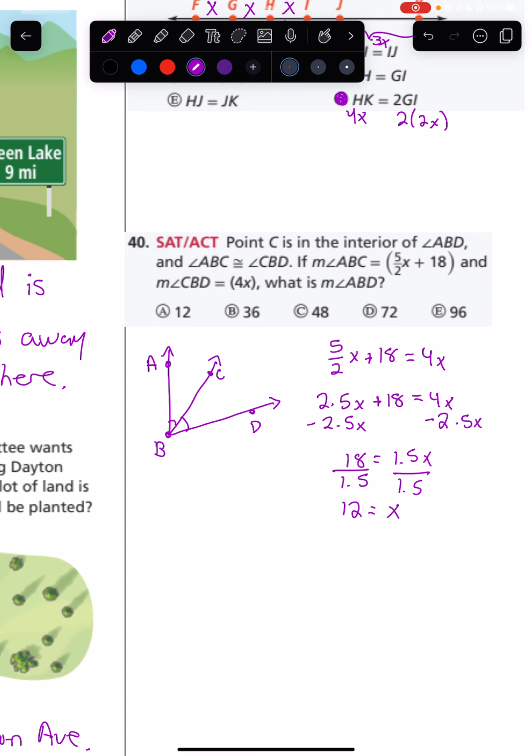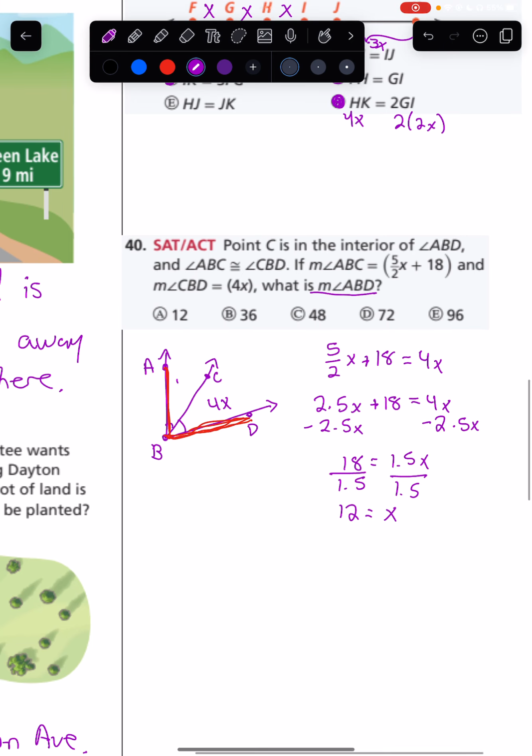But remember, I'm not asked what is x. I'm asked what is the measure of angle ABD. And I know ABD is the entire angle that I drew in the first place. So when I go through and I have to actually say how big it is, I could do it an easy way or a hard way. One thing I notice is this angle is 4x, and the other angle is the same, so that's also 4x.